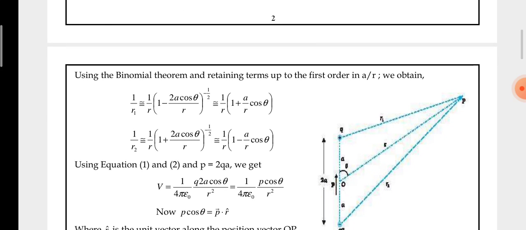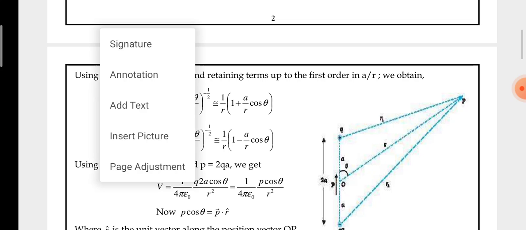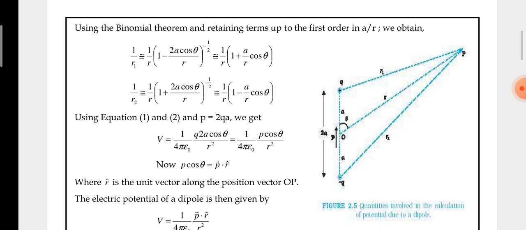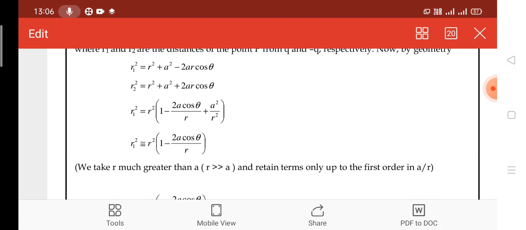Due to plus q, it is 1 by 4 pi epsilon naught, q divided by r1, because from plus q the point P is at a distance r1. Due to minus q, the potential is 1 by 4 pi epsilon naught, minus q divided by r2, because from minus q the point P is at a distance r2.